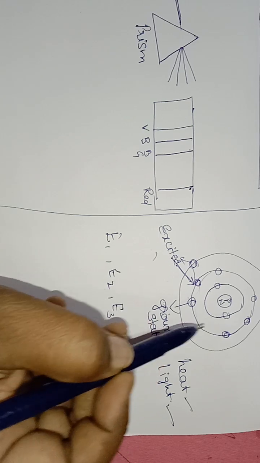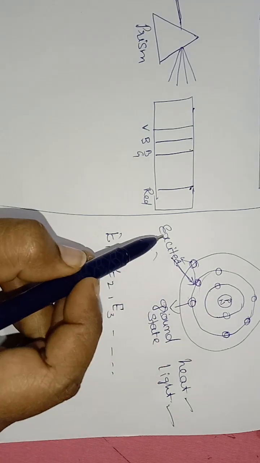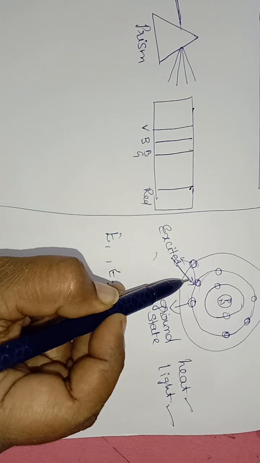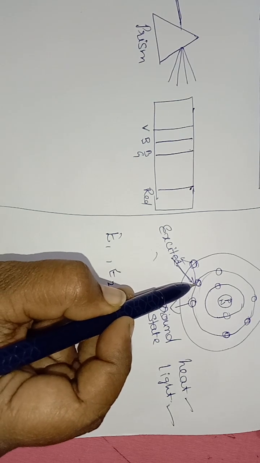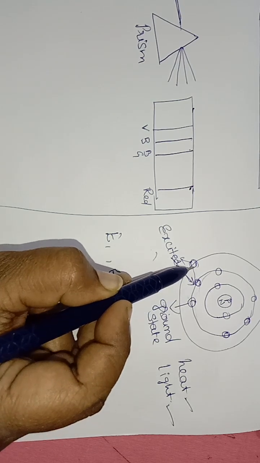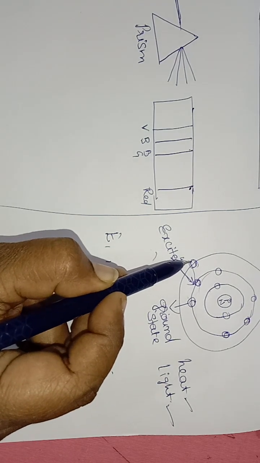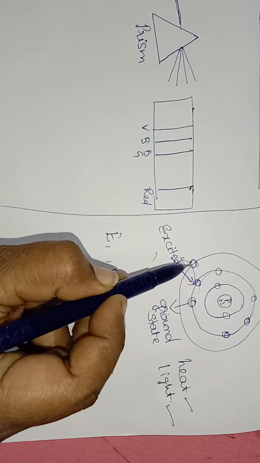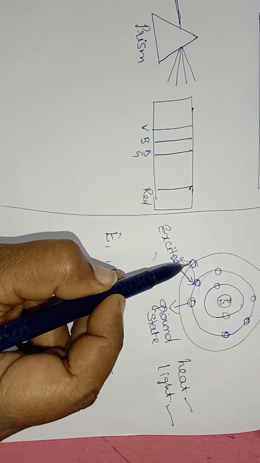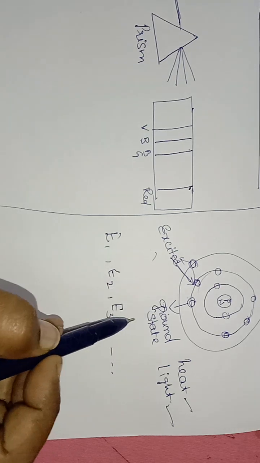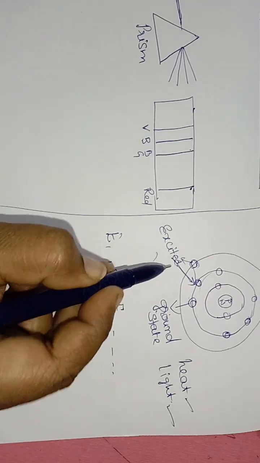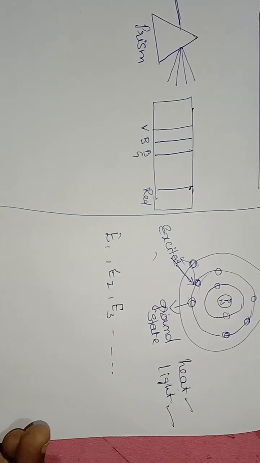Next, if it gets heat energy or light energy externally, it goes from the ground state to the excited state, to a higher orbital. But this electron will not stay in the higher orbital. Again it comes to its ground state by releasing this energy as heat or light energy.